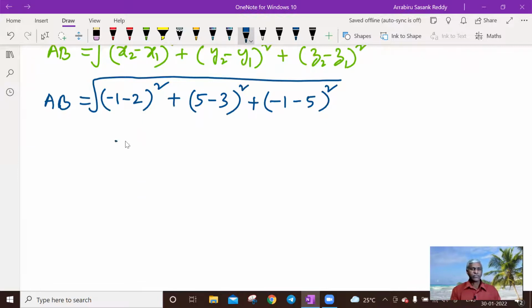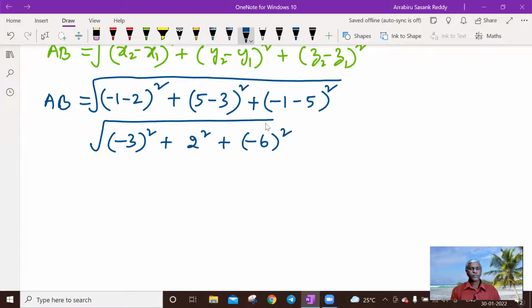Minus 1 minus 2 is minus 3, 5 minus 3 is 2, minus 1 minus 5 is minus 6. So this is 3 square 9, 2 square 4, 6 square 36. This is 49.